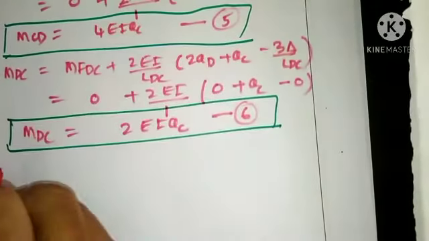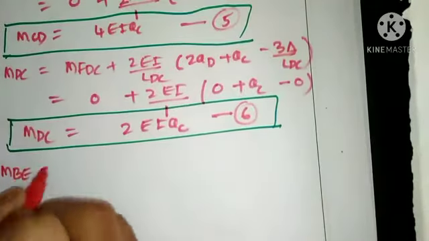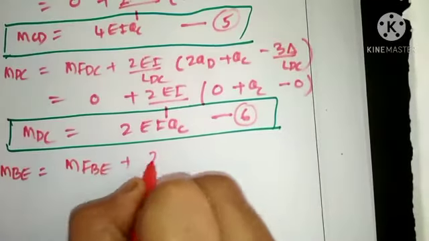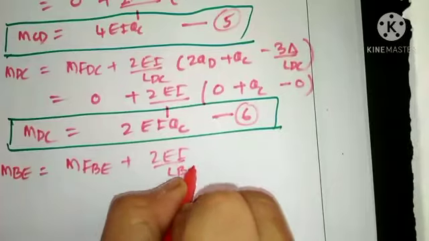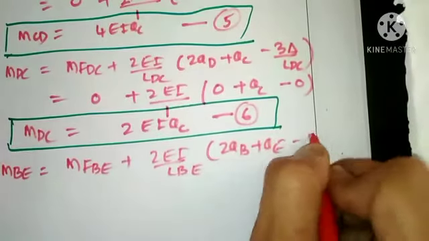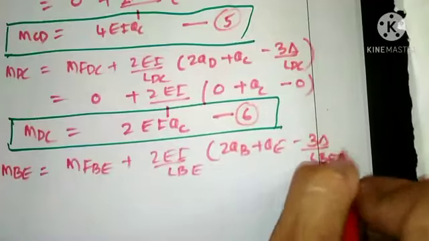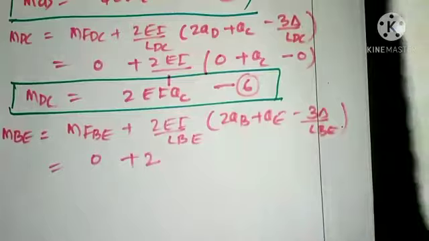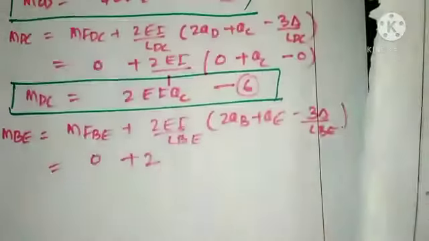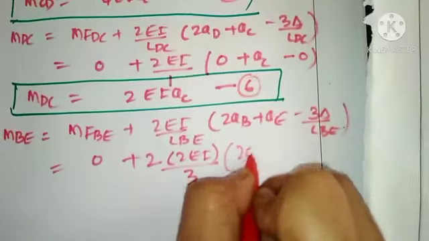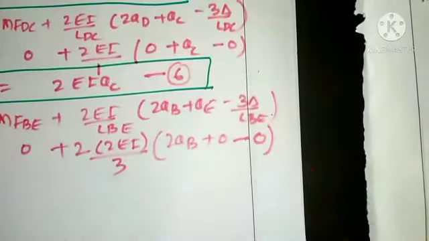So if I write down MBE, which is the vertical column, it will be written as MFBE plus 2EI divided by LBE times 2 theta B plus theta E minus 3 delta divided by LBE. The MFBE value is 0 plus 2, the EI value is 2, so 2 into 2EI divided by 3, times 2 theta B, the theta E value is 0, and the delta value will be 0.